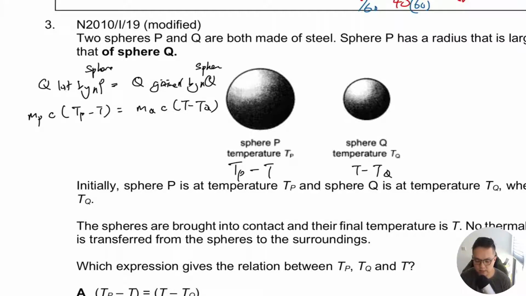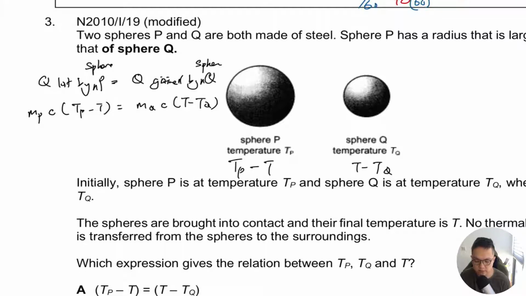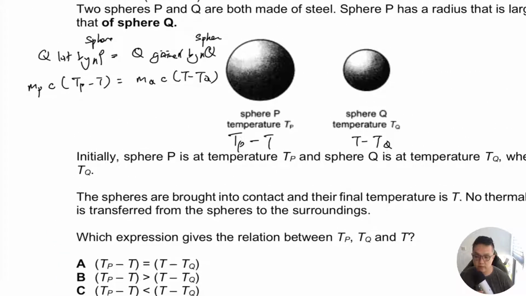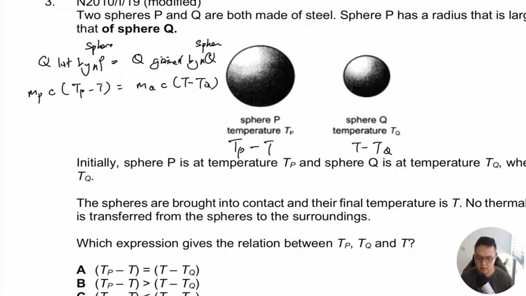Let's look at what we are supposed to find first. Let's just scroll down and look at this. We're trying to find the relationship between Tp minus T and T minus Tq. With that in mind, let's continue. We can strike off the masses, no wait, we can strike off the heat capacity. Heat capacity is gone. We're left with mP and mQ.